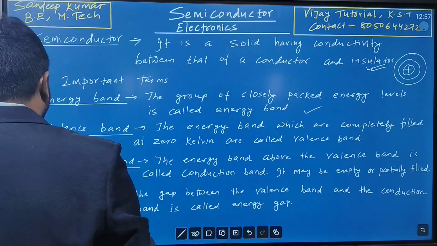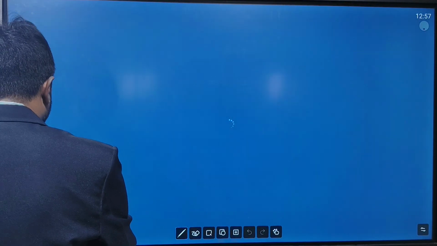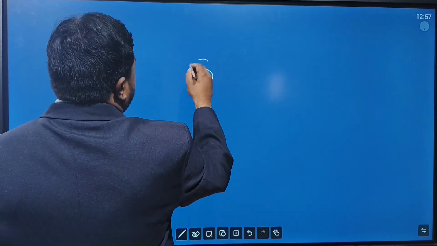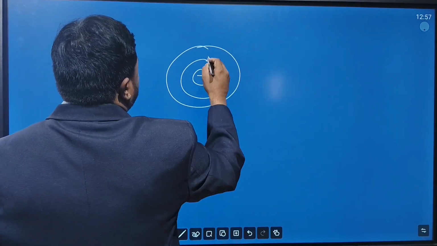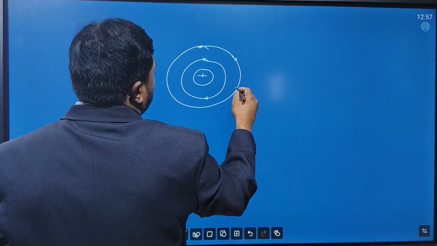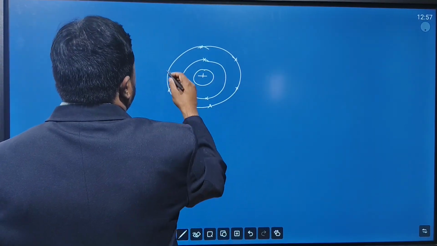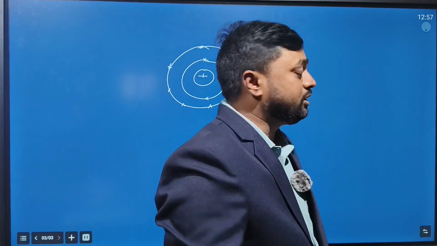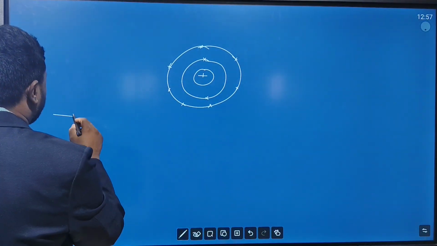Now, electrons will be available in the shells. Because of the repulsion, in the first shell there are 2 electrons, in the next shell there are 8 electrons, yes or no. Because of heavy repulsion between the electrons, these energy levels will break into energy bands.